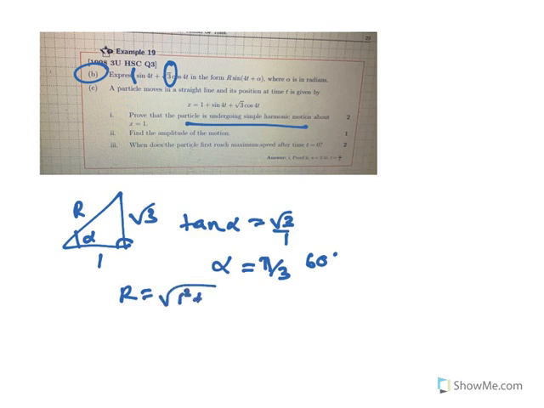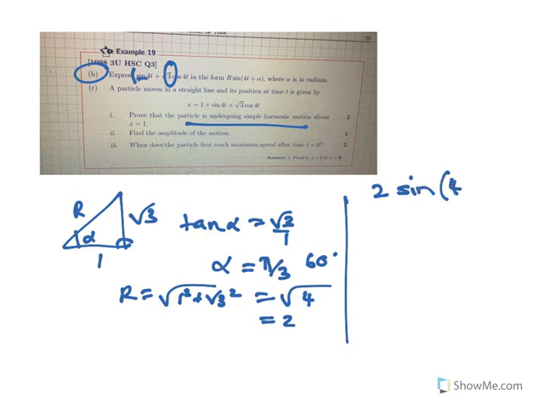R is equal to the square root of 1 squared plus root 3 squared, which is the square root of 4, which is 2. So in that form, it would be 2 sine, you choose whatever the first one is, sine 4t plus pi on 3. That's B.